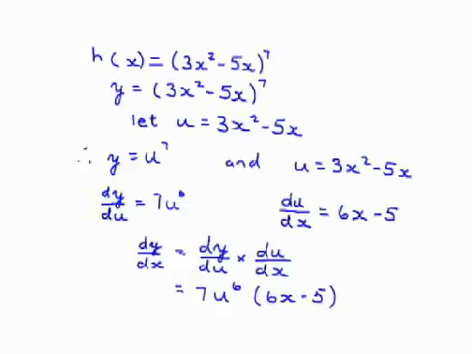Well, we know that u is equal to 3x squared minus 5x. Therefore, we can say that the derivative of this function is 7 times (3x squared minus 5x), that all raised to the 6th, times 6x minus 5.